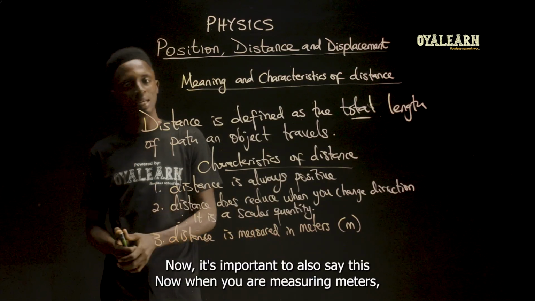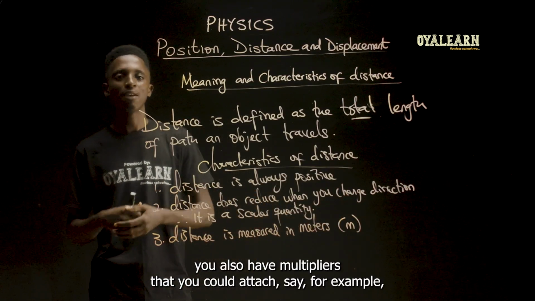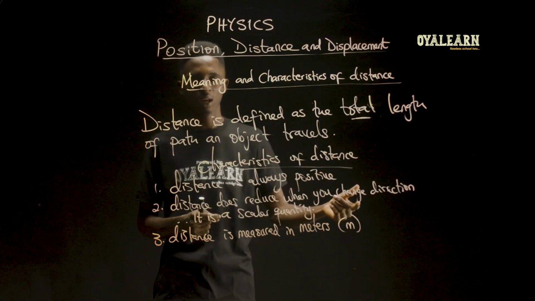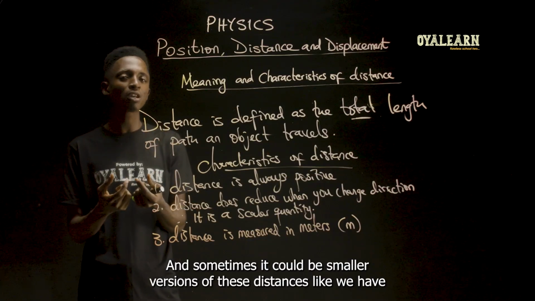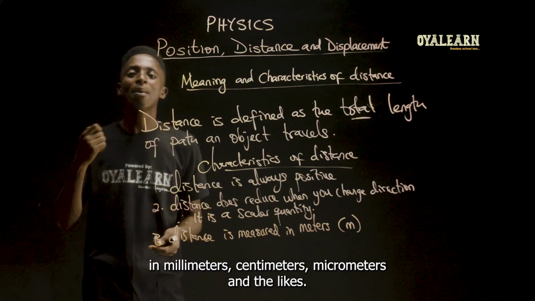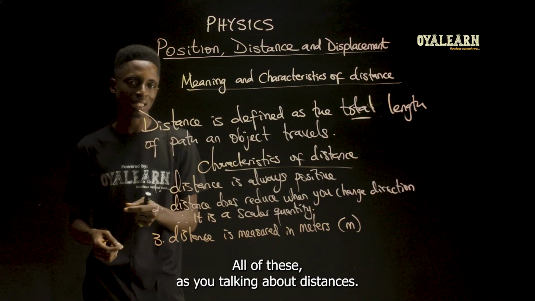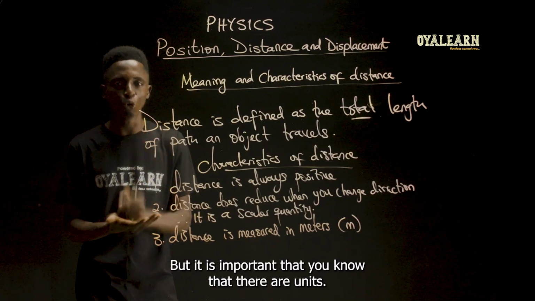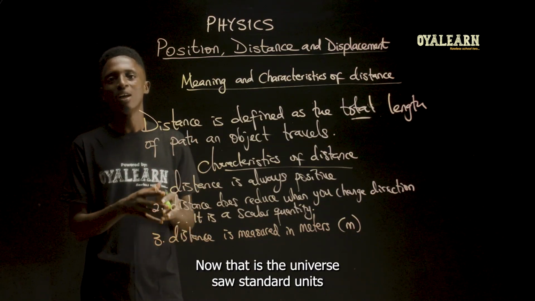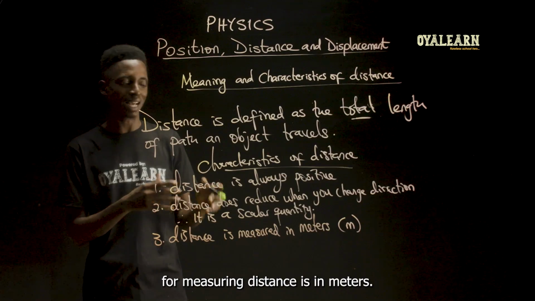Now it's important to also say this. When you're measuring in meters, we also have multipliers that you could attach. Say for example 1,000 meters is the same as 1 kilometer. And sometimes it could be smaller versions of these distances, like millimeters, centimeters, micrometers, and the likes. All of these are still talking about distances, but it is important that you know that the SI unit, remember SI stands for Système International, the universal standard unit for measuring distance, is the meter.